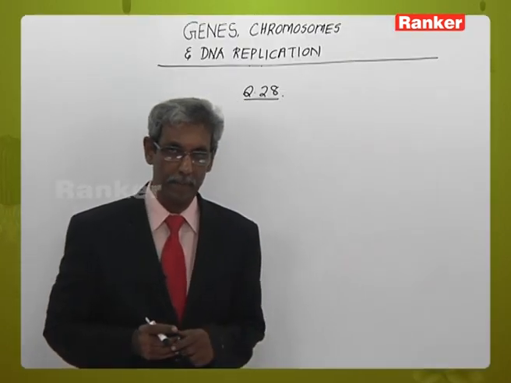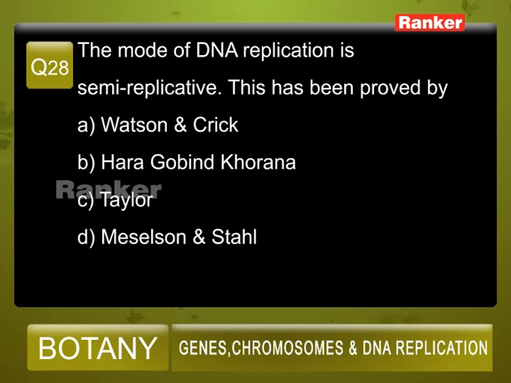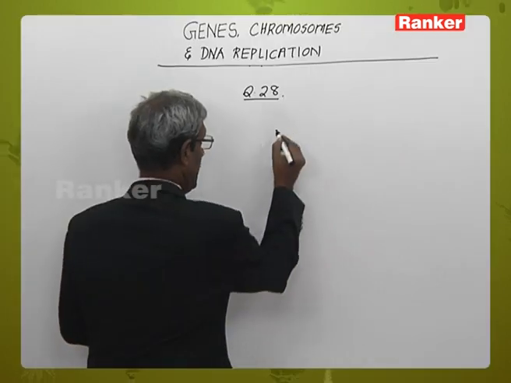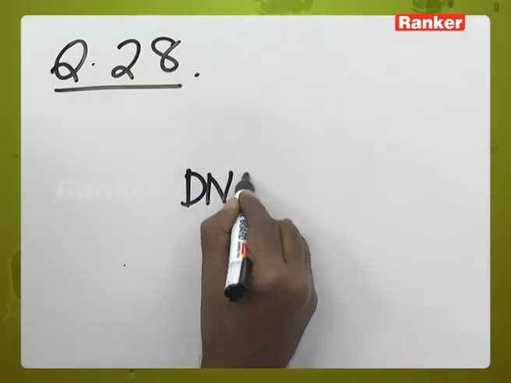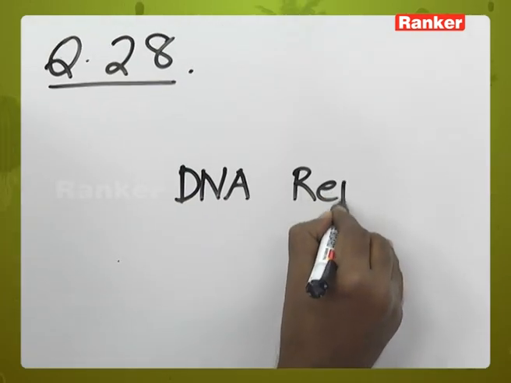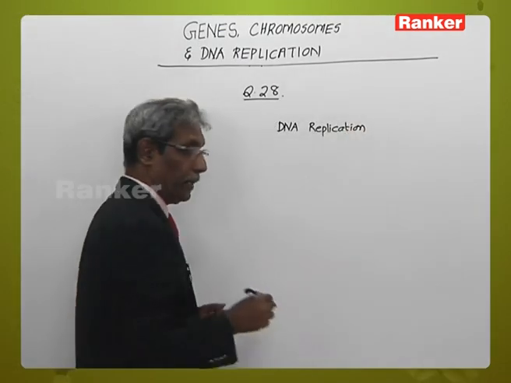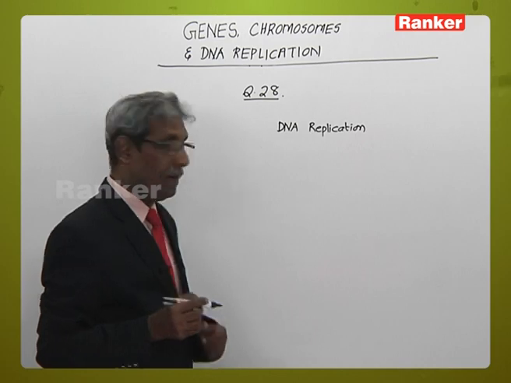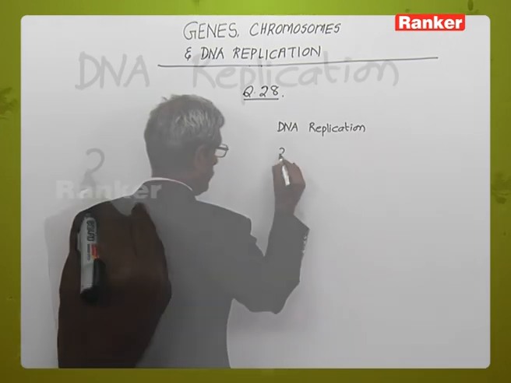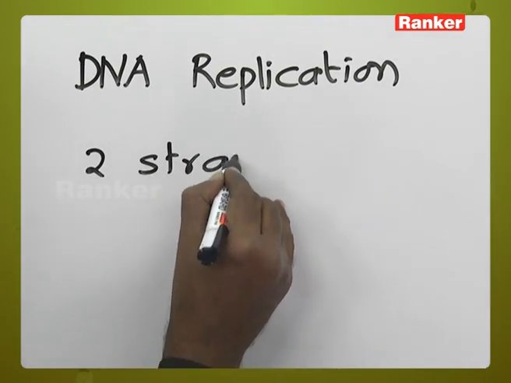Question number 28. The mode of DNA replication is semi-replicative. This has been proved by A. Watson and Crick, B. Hargobind Khurana, C. Taylor, D. Michelson and Stahl. Whenever we take DNA replication, during DNA replication, we have two strands.